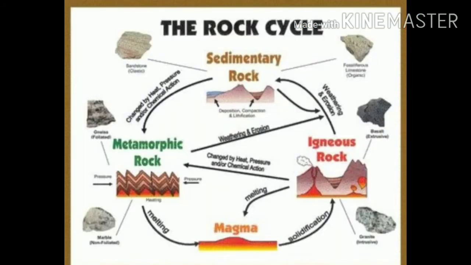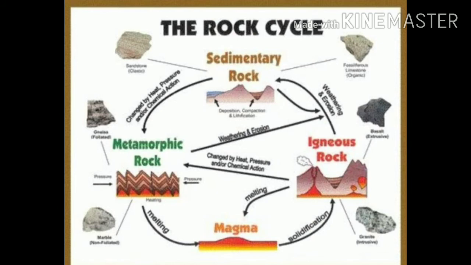You have already learned that one type of rock changes to another type under certain conditions in a cyclic manner. This process of transformation of the rock from one to another is commonly known as the rock cycle. In a rock cycle, first of all, igneous rocks are formed as a result of solidification of magma.